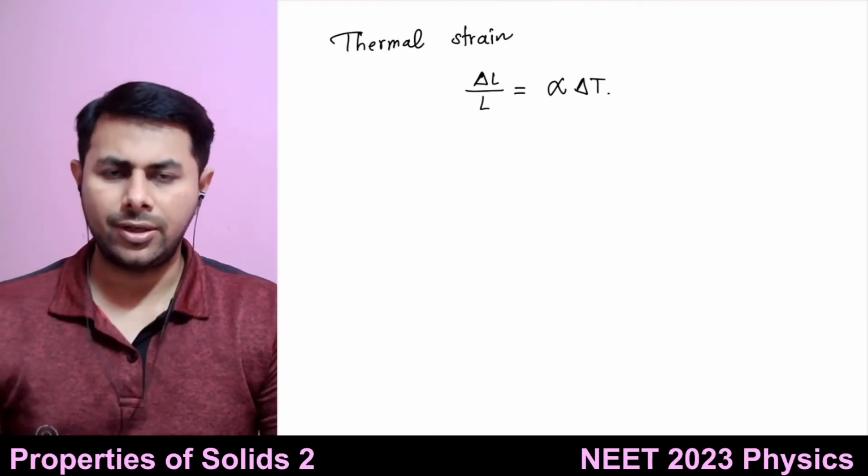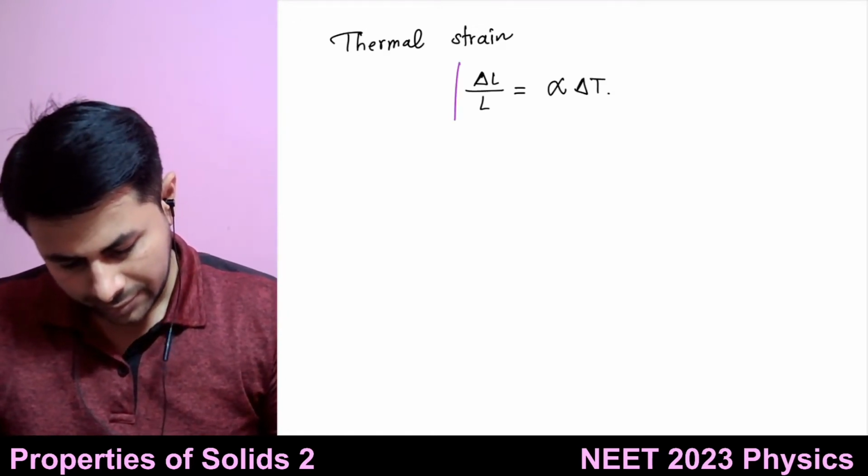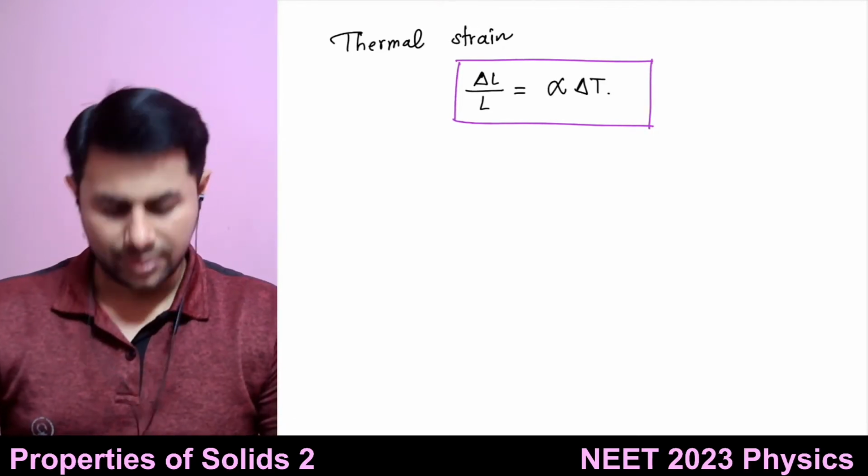Thermal strain is equal to alpha delta T, if you take L on the other side.